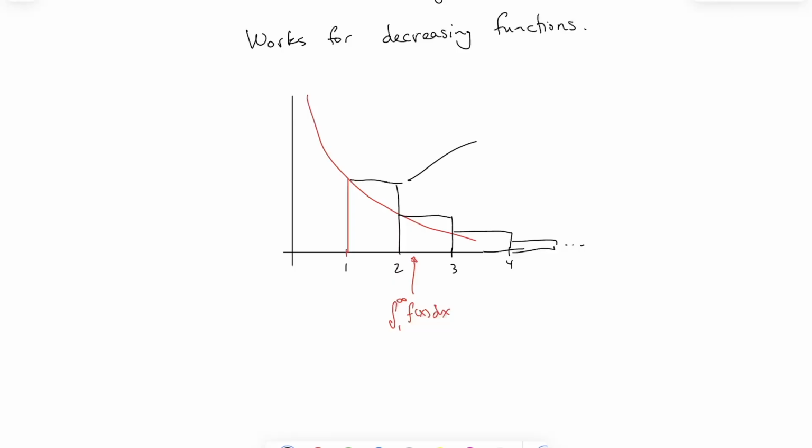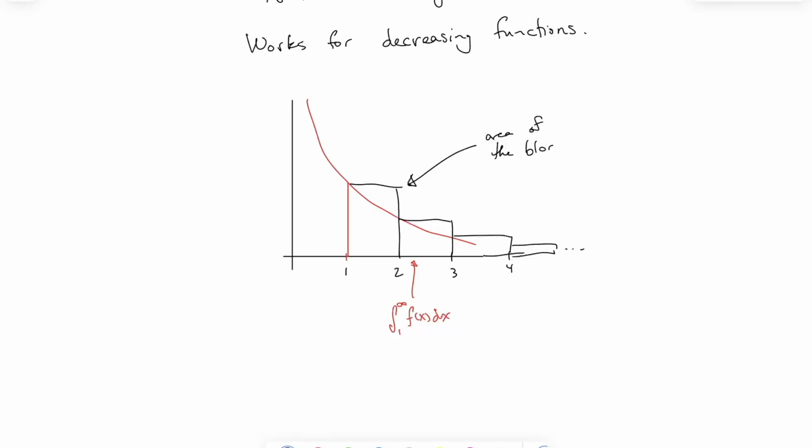And the area of these blocks is the sum of f of n from n equals 1 to infinity. That's because the blocks each have width 1 in my picture, so their area is just equal to their height. The height of the first one is f of 1, the height of the second one is f of 2. So if you add these heights all up, you really do get the value of the series from n equals 1 to infinity.